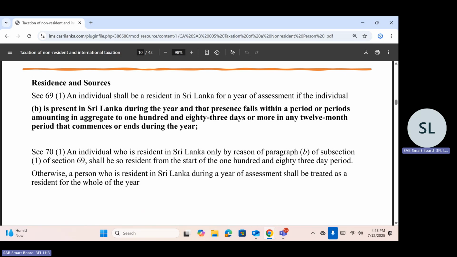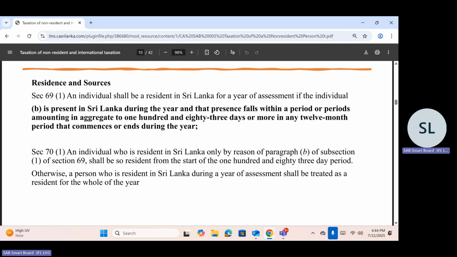So that is what I say: commence or end. In this year of assessment it is commencing, so this particular period starts from 1st May, and our year of assessment is ending with this. For that year of assessment, this period he shall be treated as resident.